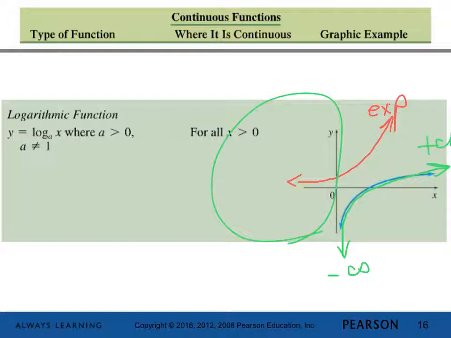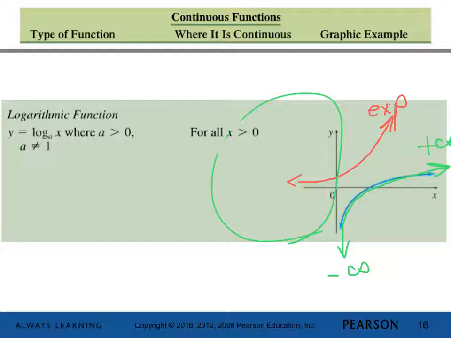So what this one has as a restriction is that x cannot be negative. It can be 0. It is possible for x to be, I'm sorry, it is not possible even for it to be 0. I just about misspoke there.